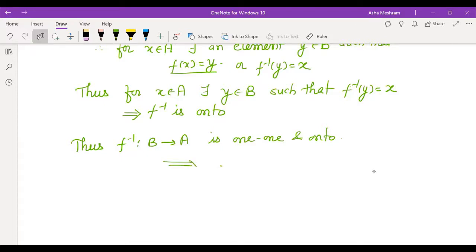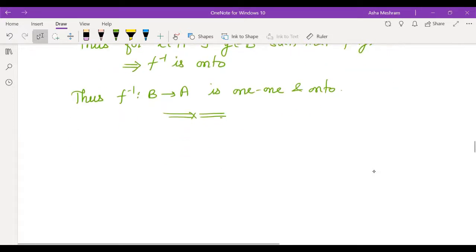Okay, so the next theorem is theorem number 2.